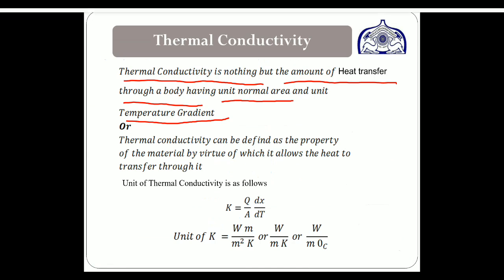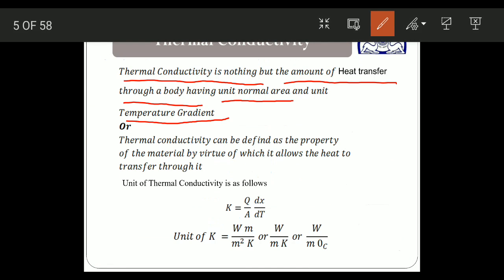It can also be defined as the property of the material by virtue of which it allows heat to transfer or flow through it. So it is nothing but the property of that particular material. If the thermal conductivity is higher, that material will allow the maximum rate of heat transfer through it. And if the thermal conductivity is less, means what?